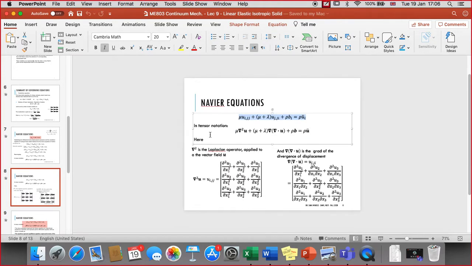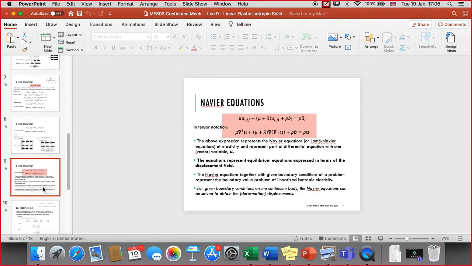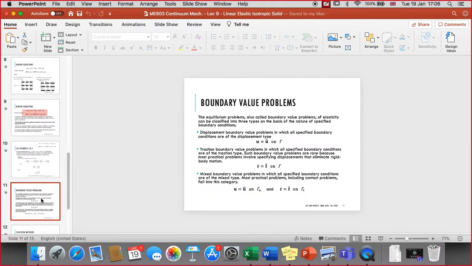So this is what we discussed last time. We discussed how this is actually known as the Navier-Lame equations because those two together did some work to come up with this. And then we discussed in detail that there are different boundary values which describe different problems. So if a specimen is under tension, then that has its own boundary values, or boundary conditions.